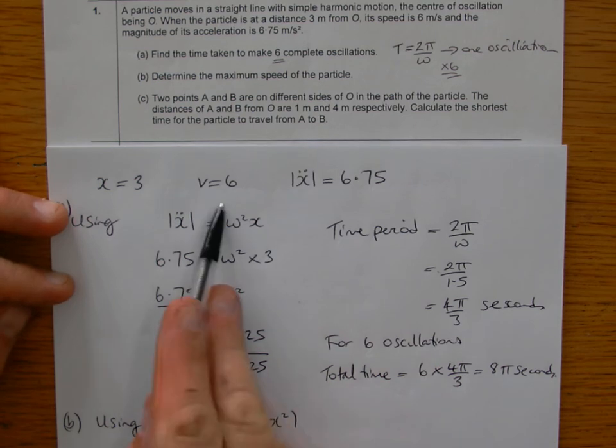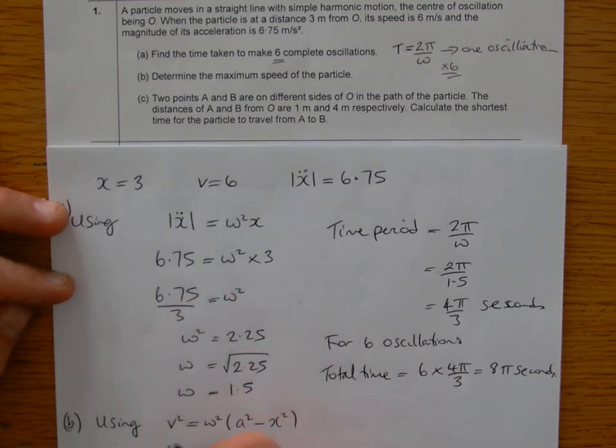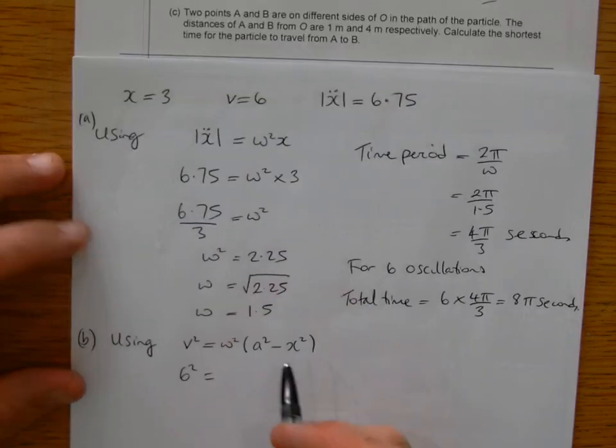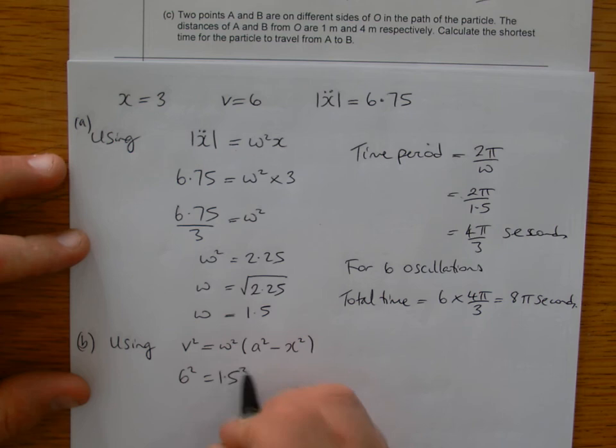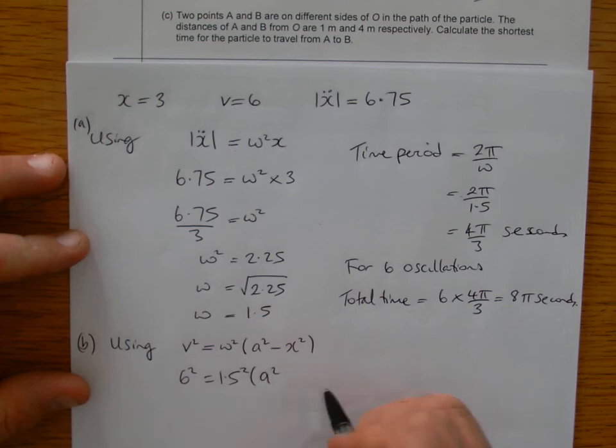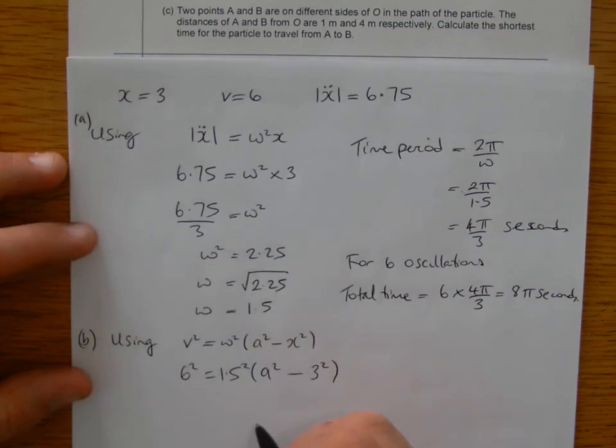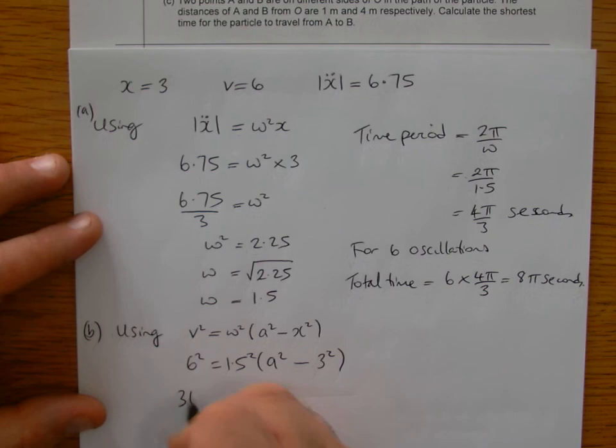So given that we know that v is 6, we know now omega is 1.5. We don't know A, and we know x is 3 using those initial conditions. So that's 36, that's 2.25, A squared, and that's going to be 9.